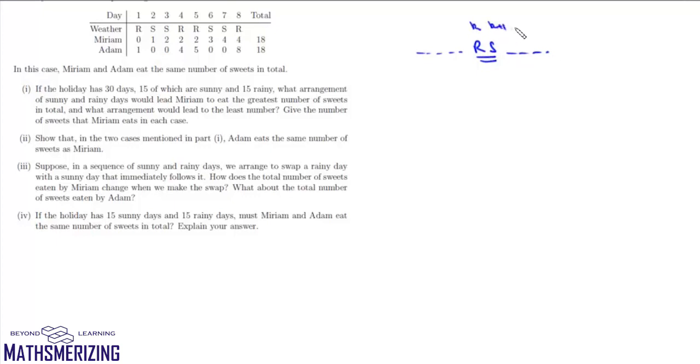K plus 1. Now if we swap R and S, here we'll have S and here we'll have R. Now in the first configuration, the number of sweets received by Miriam and Adam on these 2 days will be, say, X and X plus 1 for Miriam, and here we'll have K and 0.